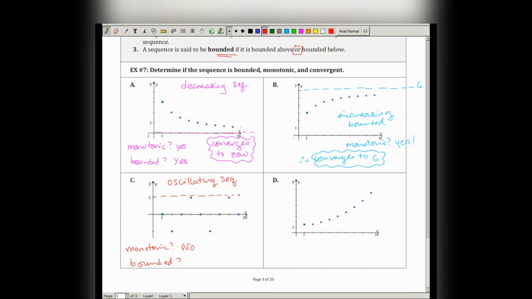It looks like it's bounded above by 1 and bounded below by -1. Okay, so therefore, the sequence diverges.